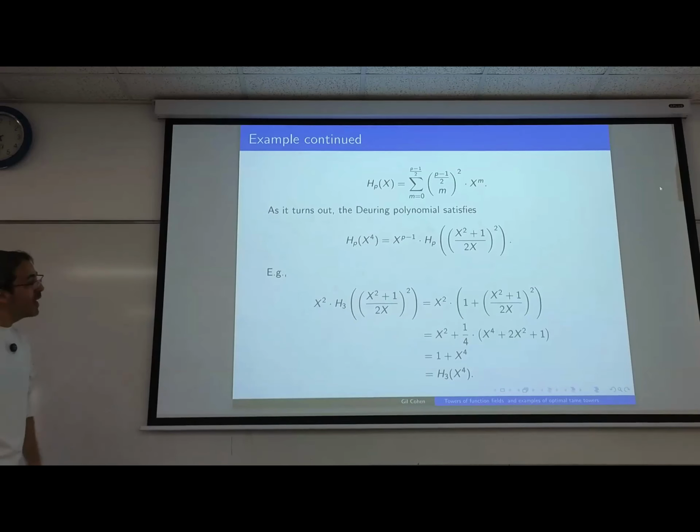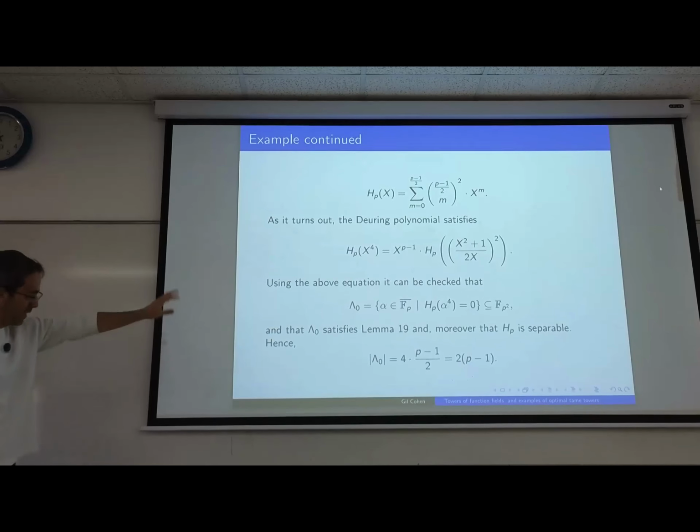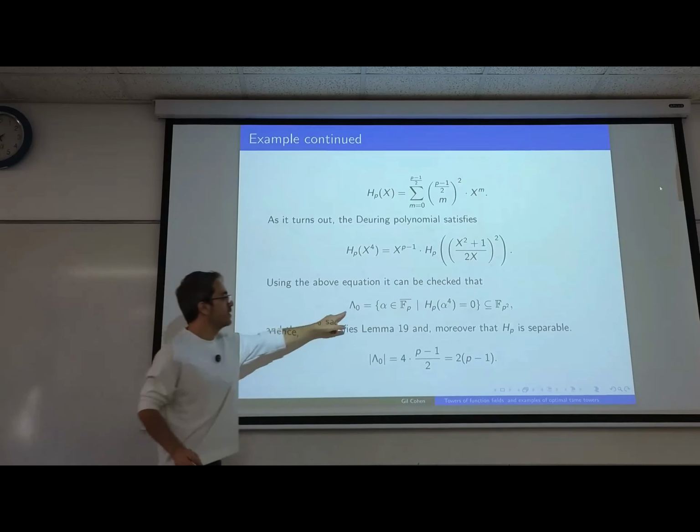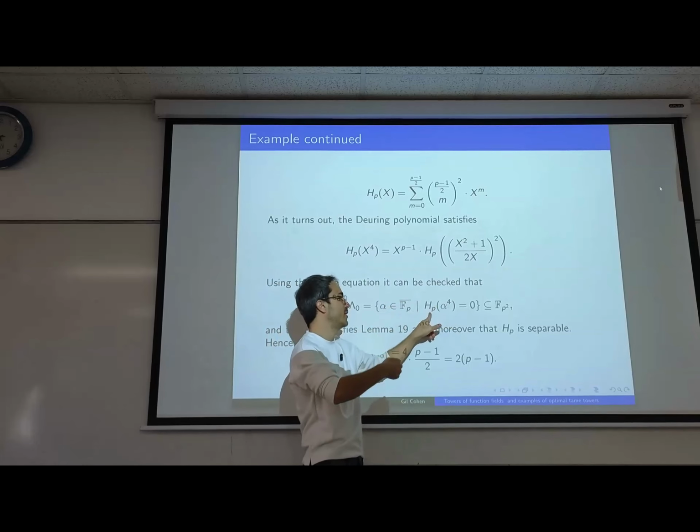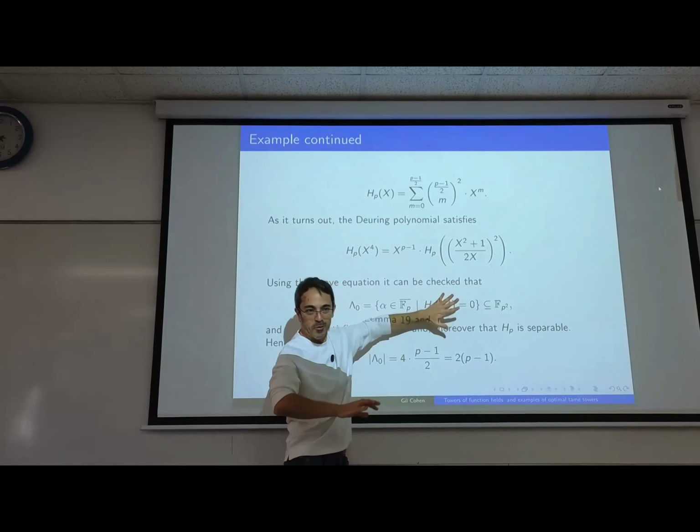But if you know that, from here it's easy to continue. Proving it is not easy; it's like a different homework assignment that I'm not going to give. What you can show is that lambda 0 that you care about is all of the alphas such that when you plug alpha to the fourth in this polynomial, you get 0. Don't worry about it.